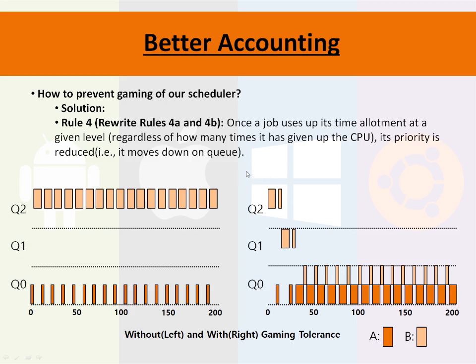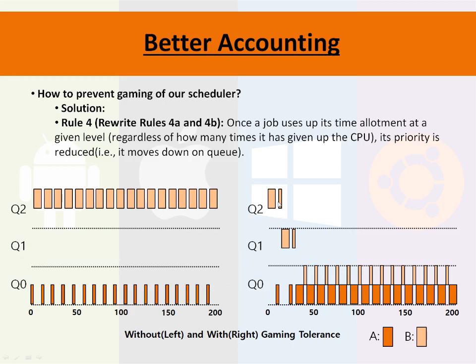the highest priority queue. So on the left-hand side here, we have that case, right, where process B, because it's giving up the CPU, remains in the high priority, whereas process A, who doesn't have all those input-output requests, stays in the lowest band.